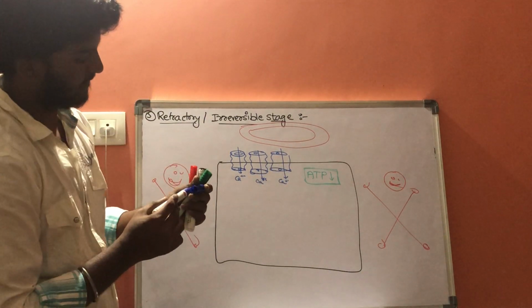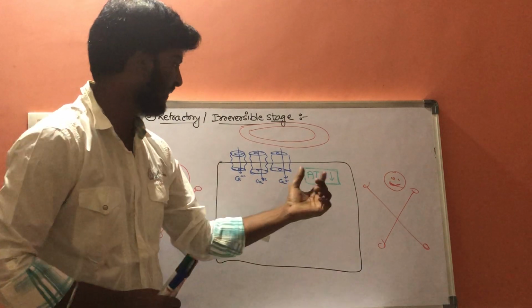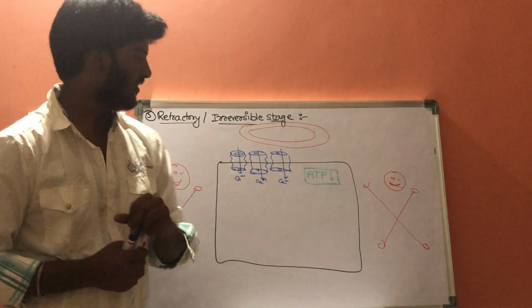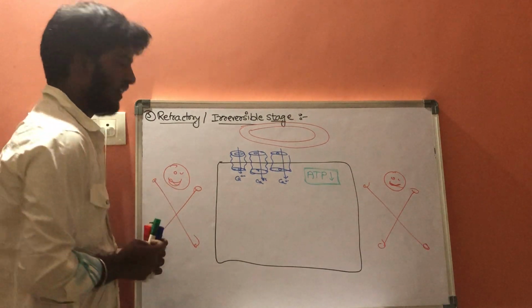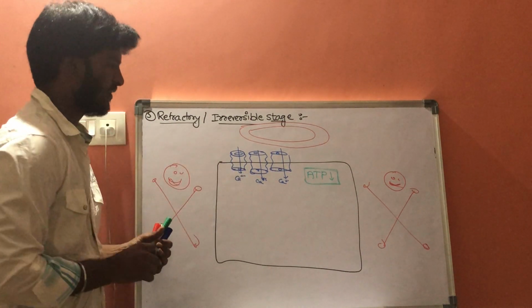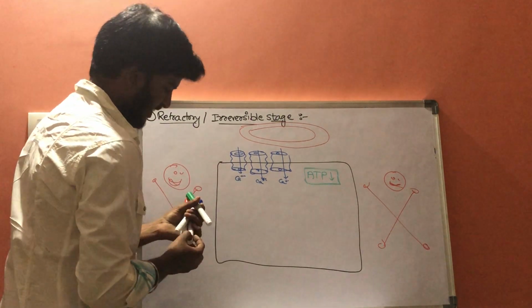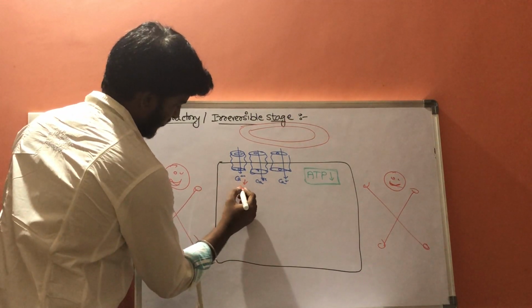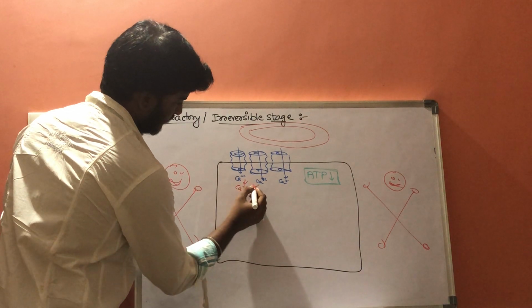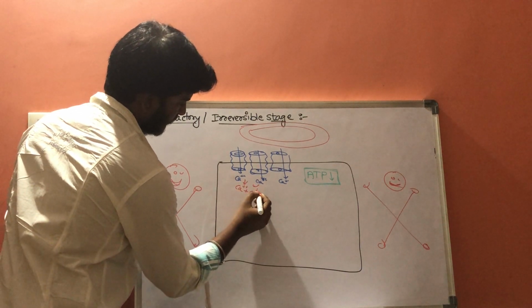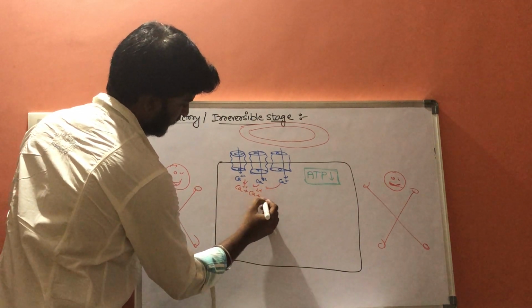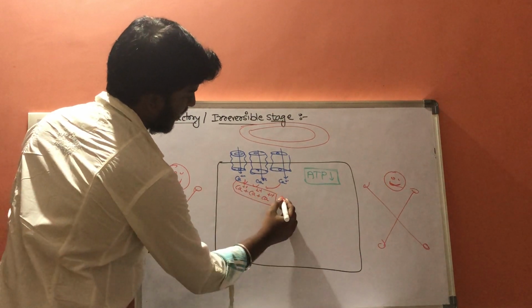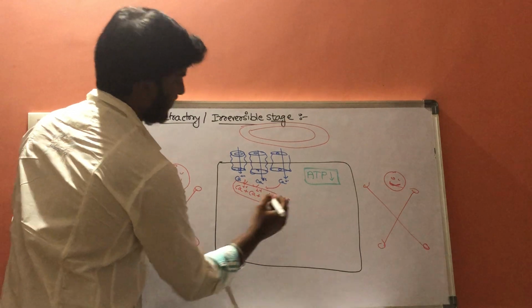Whenever there is a decrease of ATP and the person is entering into the irreversible stage, there will automatically be opening of calcium channels. Whenever the calcium channels open, calcium will enter into the cells. There will be more accumulation of calcium within the cell.